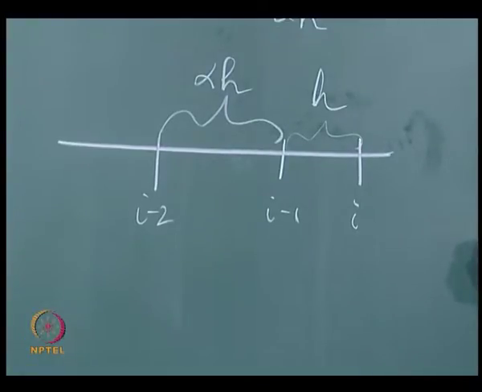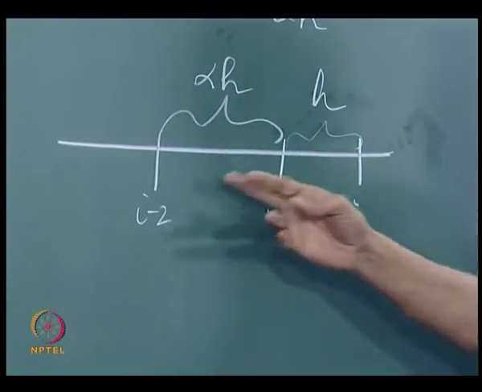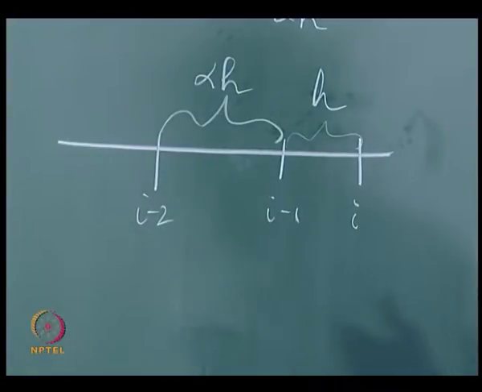This kind of a relationship you may actually get in future applications. So I will leave this as alpha times h, and we will just quickly repeat this process.